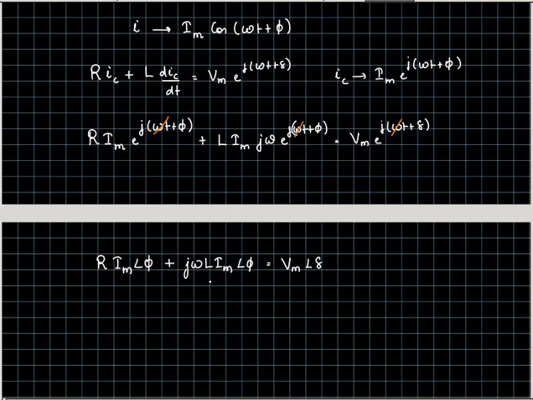So this now is just a complex algebraic equation. The differential equation has been reduced to a complex algebraic equation, which you can easily solve to find out phi as well as Im. So how will you do that?